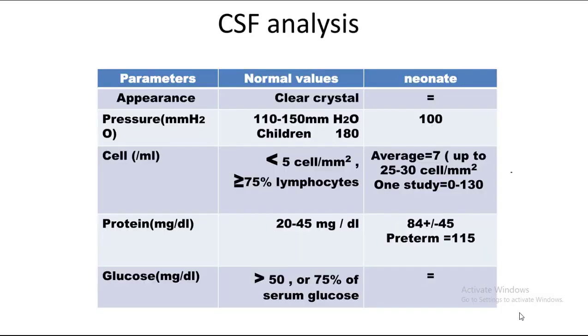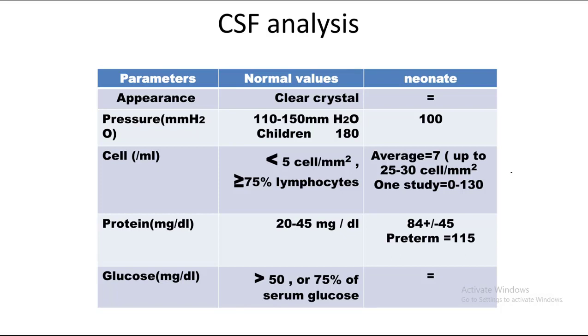Now, this is the CSF analysis. You can see that we have to mention the normal values and appearance of the CSF. In the older children, the normal values are clear, crystal CSF. The pressure is 110 to 150 millimeters of water. It's better to be less than 180. Cells are less than 5.